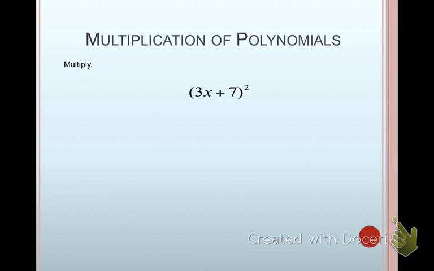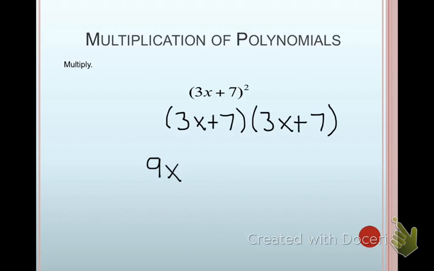Okay, let's try a few of these. Remember that 3x plus 7 squared really means 3x plus 7 times 3x plus 7. At this point, you could absolutely FOIL it out. Remember, when in doubt, FOIL it out. Or if you recognize that these are perfect square binomials, that you could use the shortcut, we would square the first term and get 9x squared.